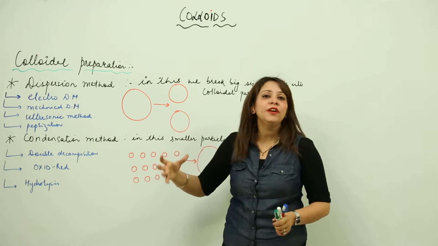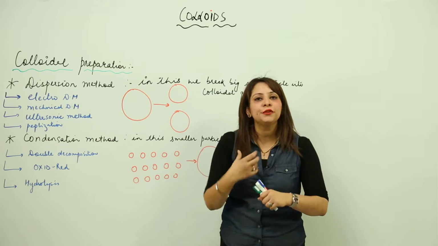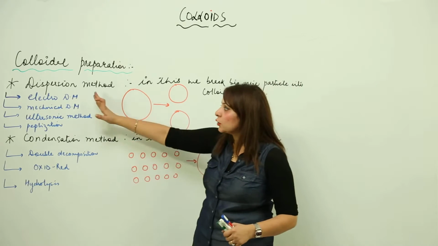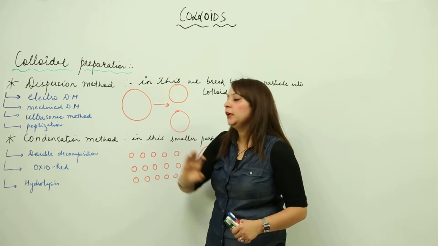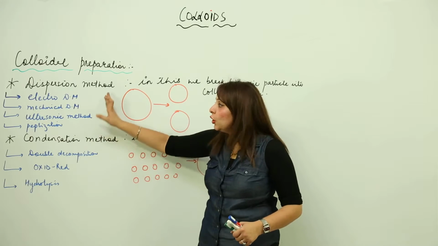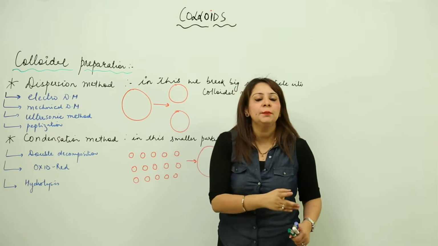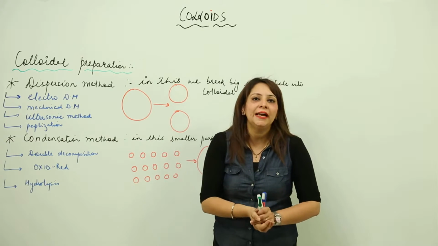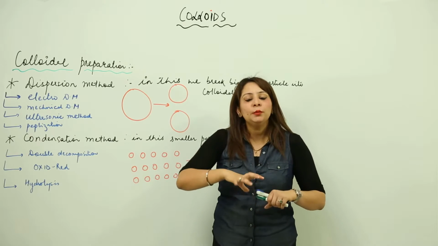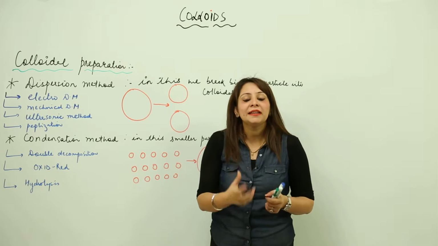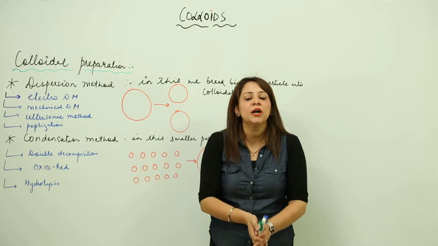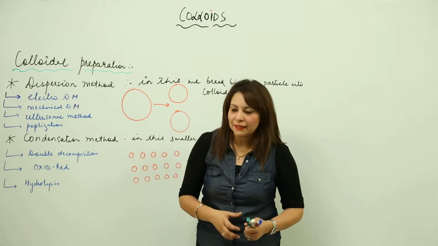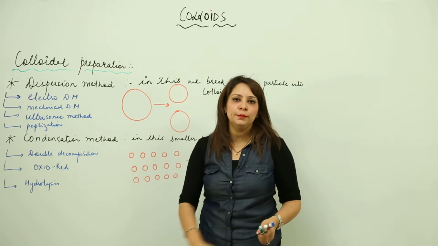For this we will be employing different processes like the electrodispersion method, the mechanical dispersion method, the ultrasonic method and peptization. We can apply any of these four methods. We are employing different techniques, but the basic remains the same: we are breaking a big particle into a particle of colloidal size.